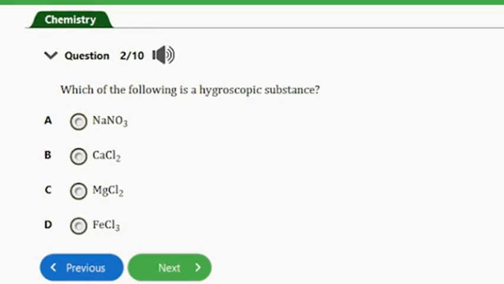So, guys, the correct answer to this question is option A, and that's NaNO3. That's sodium trioxonitrate 5. So, the sodium trioxonitrate 5 is a hygroscopic compound because it's a substance that can absorb moisture from the atmosphere while it still remains the same.